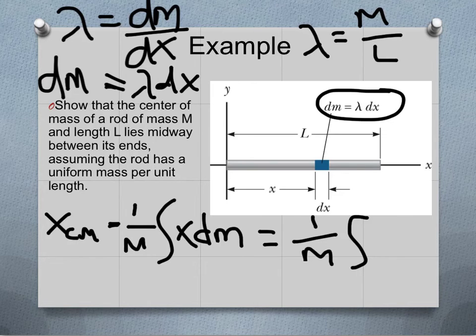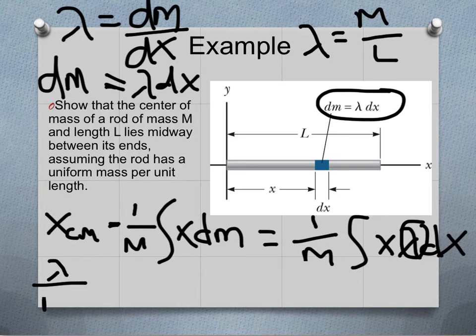Let's try over again. 1 over m times the integral of x times lambda dx. Let's also rearrange this, because ultimately the linear mass density for this object should remain constant. So I could pull my lambda out of my integral, so that would be lambda over the total mass times the integral of x dx.